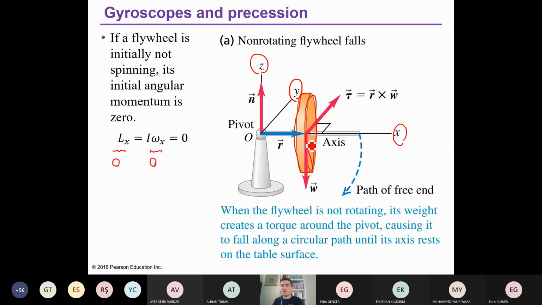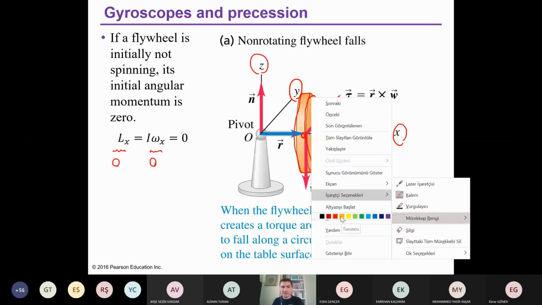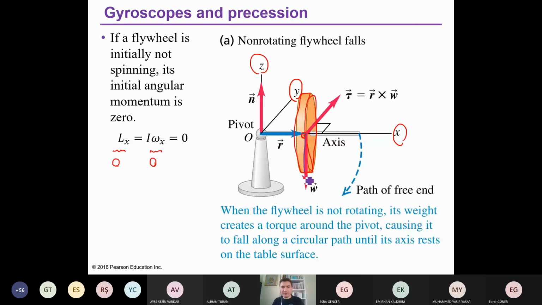So what about the forces acting on this flywheel? There is the weight of the flywheel. Let me show you with different colors. This is the weight of the flywheel, and this is the normal force applied by the pivot. And what do you expect?